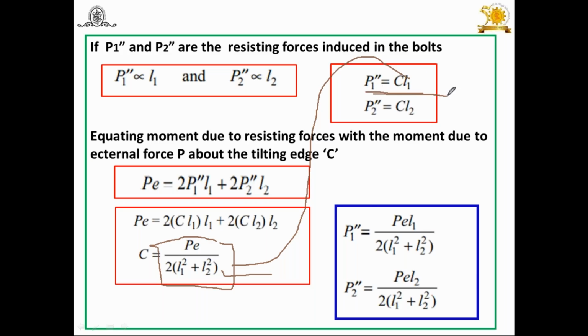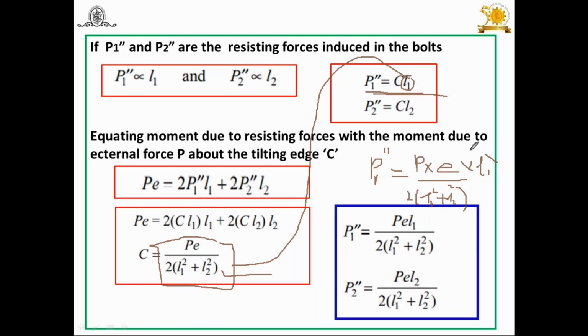Suppose you can take this case. Now here P1 double dash is equal to, what is the C? This value, P upon 2 in bracket L1 square plus L2 square, and into this I have substituted C, and into this L1.